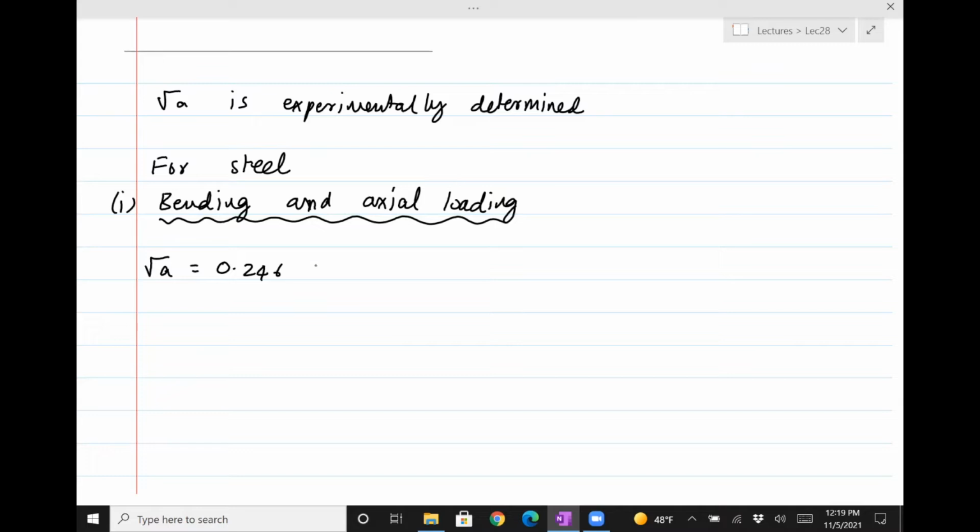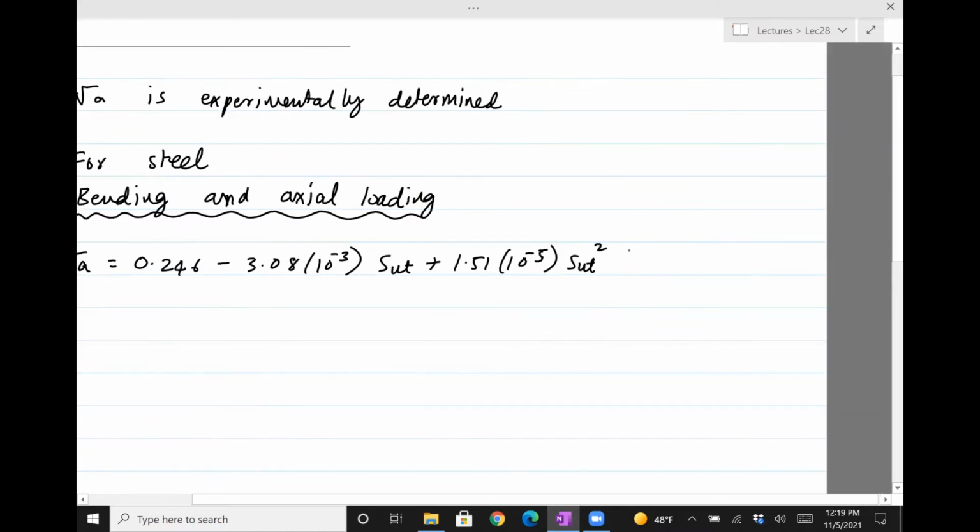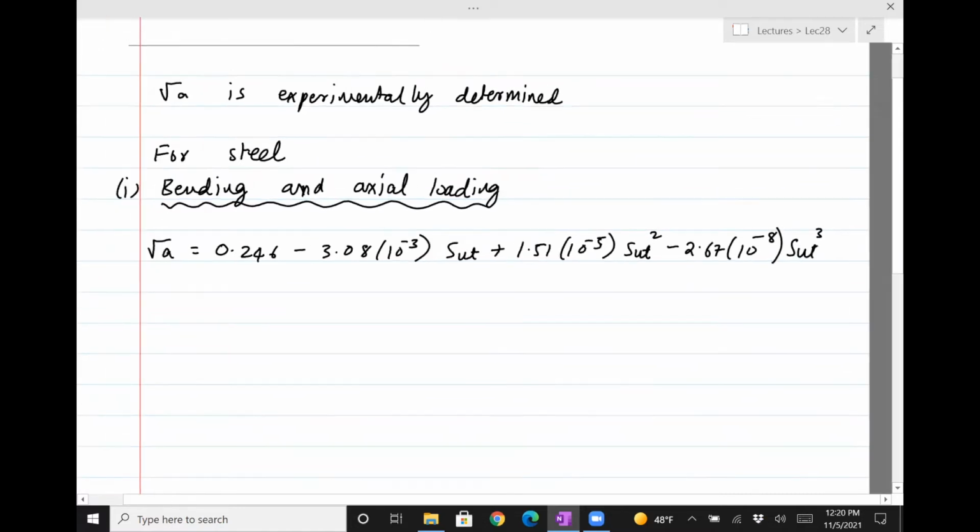It's a really long expression: square root of a equals 0.246 minus 3.08 times 10 to the negative 3 times S_ut, plus 1.51 times 10 to the negative 5 times S_ut squared, minus 2.67 times 10 to the negative 8 times S_ut cubed.